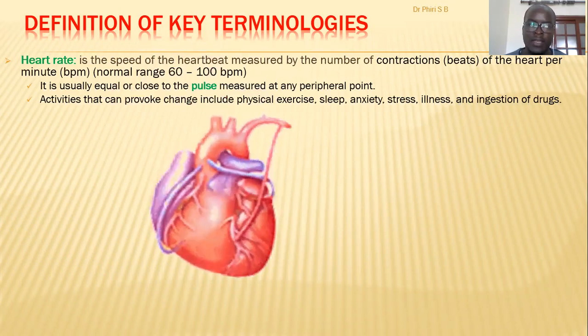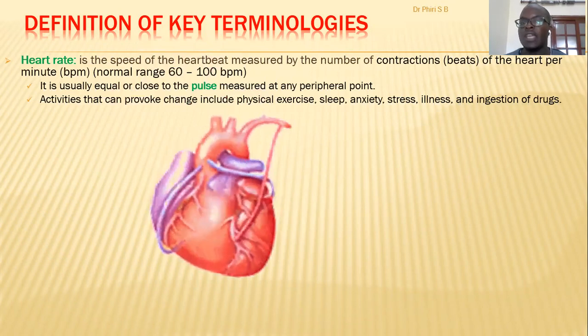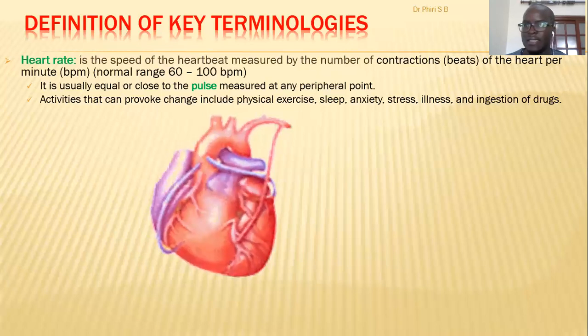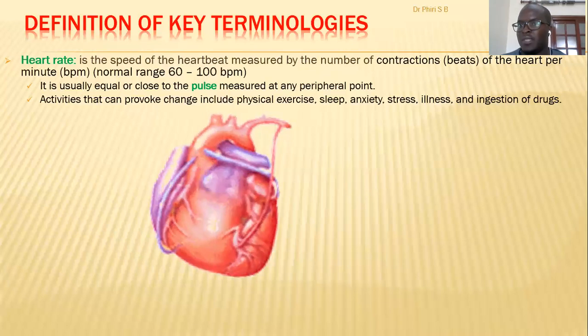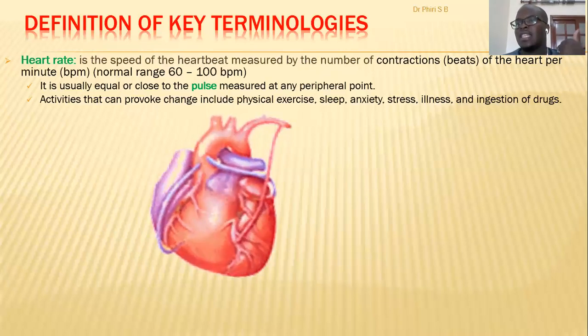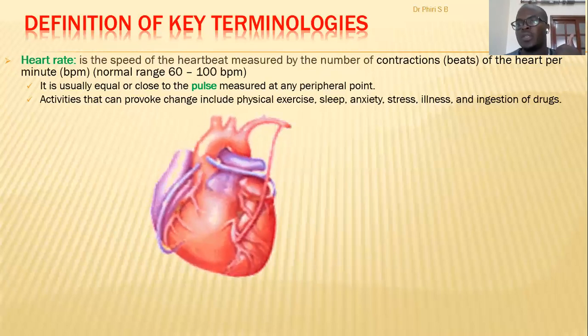So I say again, the heart rate is the speed of the heartbeat measured by the number of contractions of the heart per minute. The normal range is between 60 and 100 beats per minute, because we said that the SA node fires at a rate of 60 to 100 action potentials per minute.